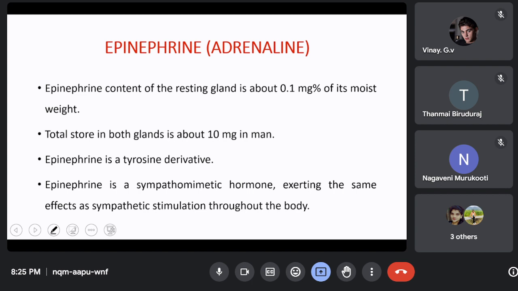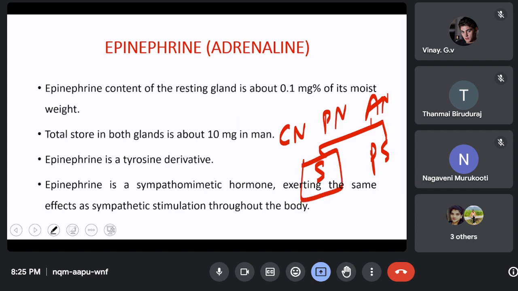When we study the nervous system, we study the nervous system in three parts: central nervous system, peripheral nervous system, and autonomous nervous system. Autonomous nervous system, we again divide into sympathetic nervous system and parasympathetic nervous system. Here in both cases, the term sympathetic is used.